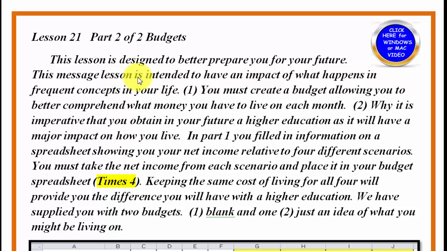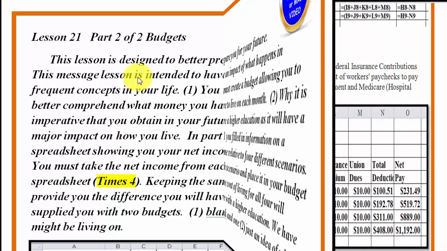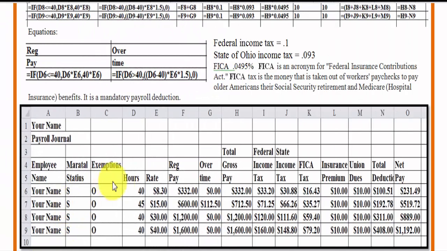Now, before we go to all of that, let's very quickly go to that spreadsheet so you remember exactly what we're talking about. If you remember carefully, we have 40 hours at 8.30, 15, 30, and 40. Over here are the totals per week.